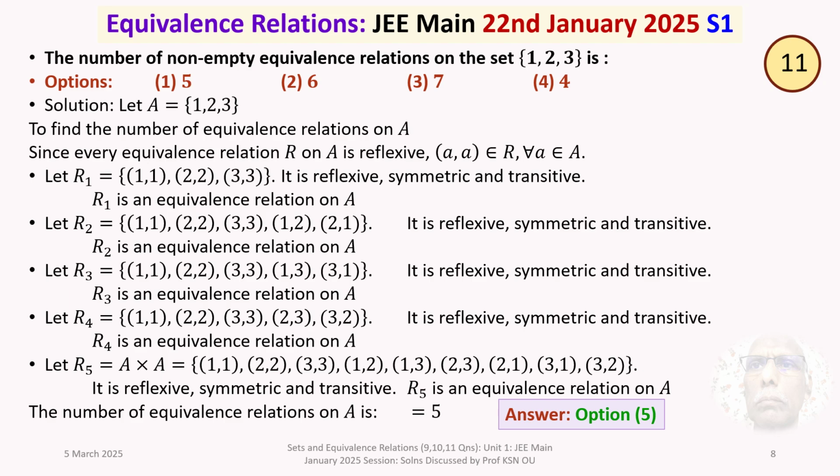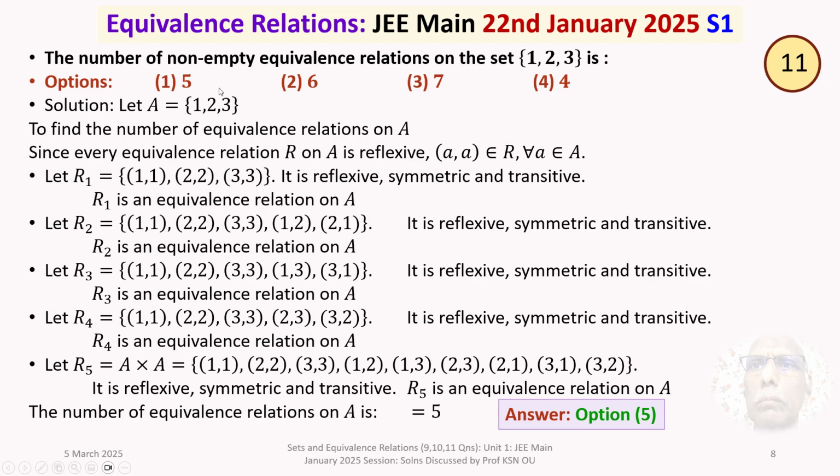Now, it is worth mentioning here, this is not for JEE Main students, but those of you who are going for the Advanced can think of how many equivalence relations there are on a given set A consisting of n elements. For 3, it is 5. For 4, how many? For 5, that means when the number of elements is 5, how many?